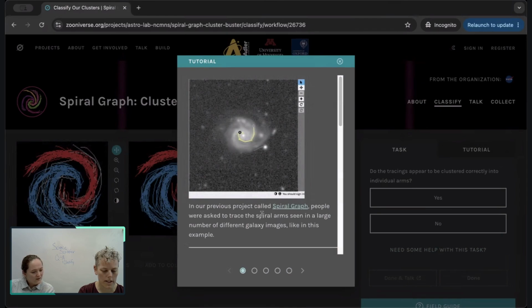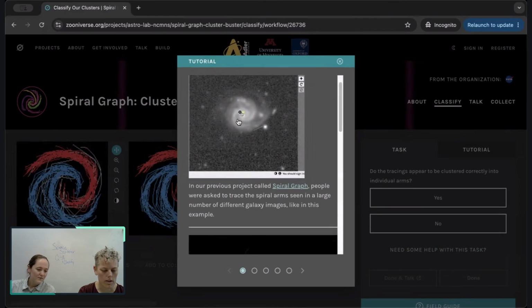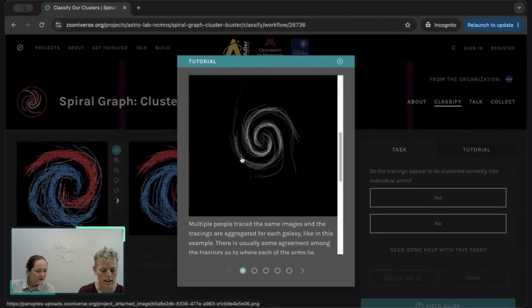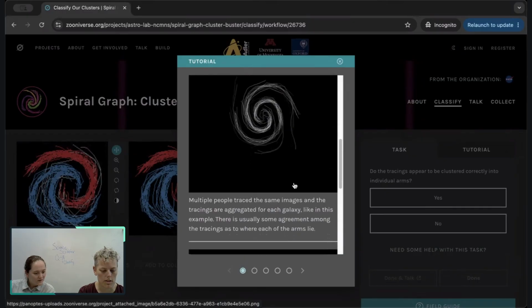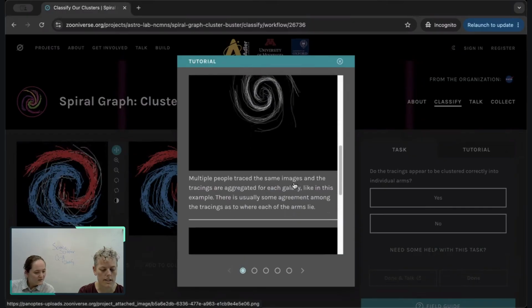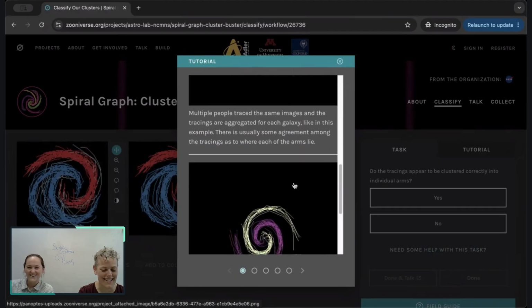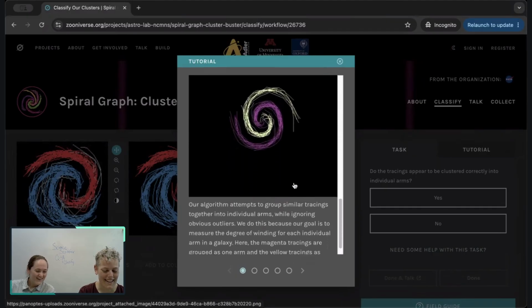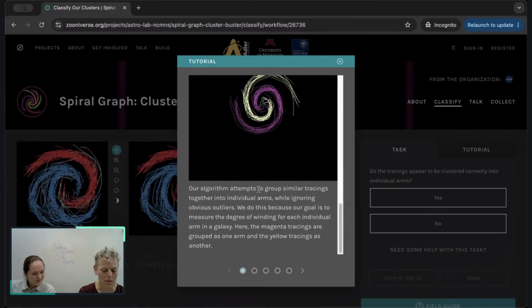In the previous project, Spiral Graph, people were asked to trace the spiral arms, and they've got a video of that process where someone is laying down a spiral. And that produced these types of images. There's usually some agreement among tracings as to where each of the arms is. And then they've got an algorithm that attempts to group similar tracings together into the individual arms while ignoring obvious outliers.